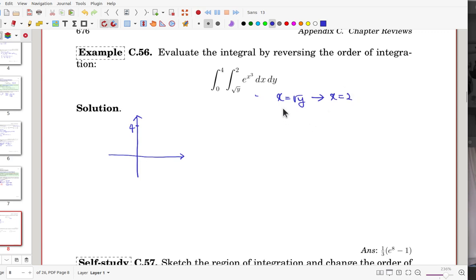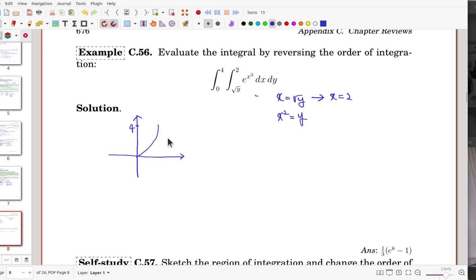Right? So this one is the same as x squared equals y. Anyway, now the curve will be made in this way, along with that, like that. Right?